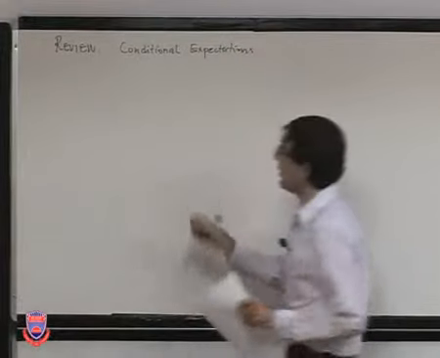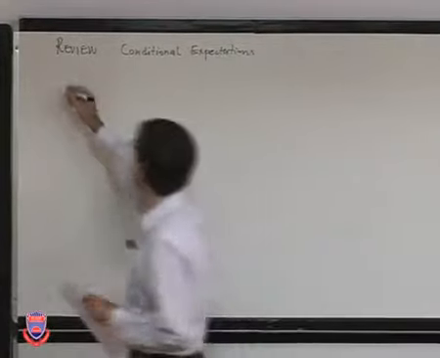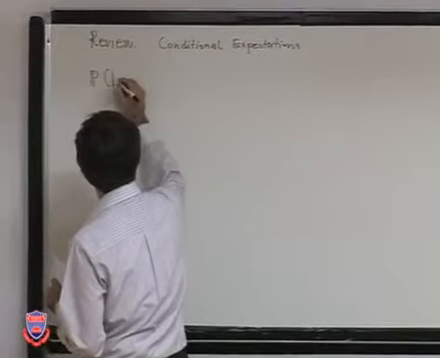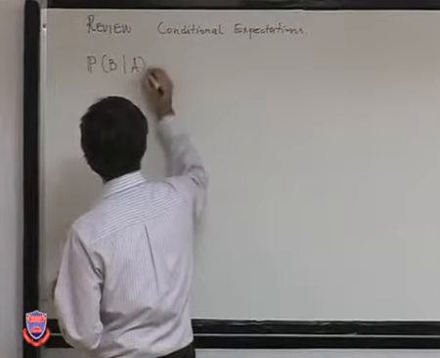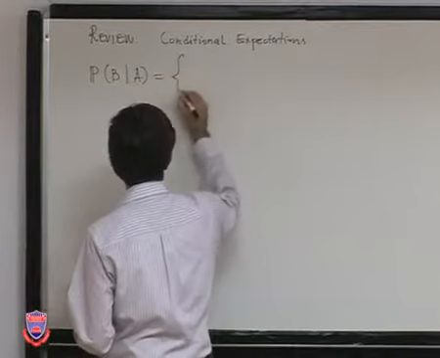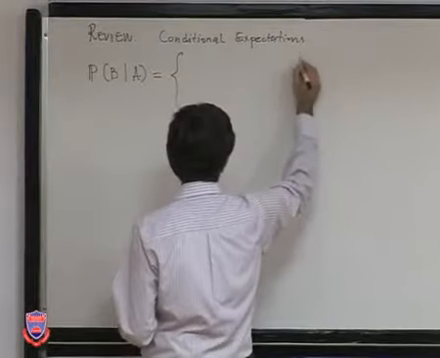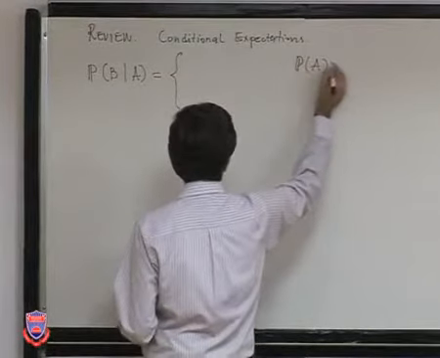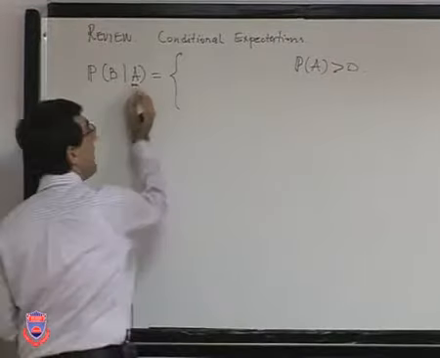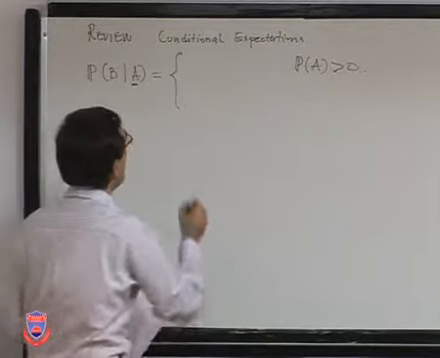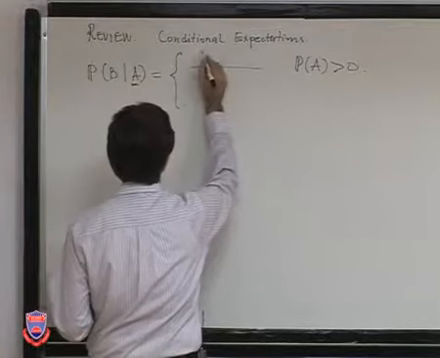Right? So you remember how we defined the conditional probability of an event B given that an event A has happened. This in the first place makes sense only if the probability of the event to which you condition is positive. And in that case it is defined as the quotient of what?